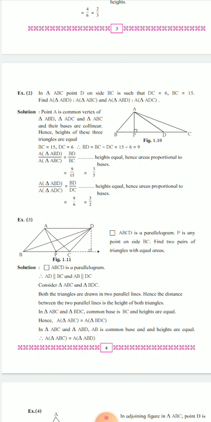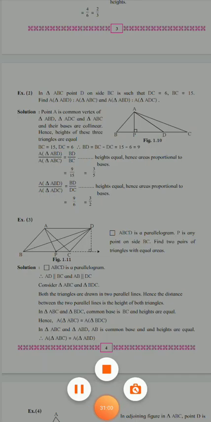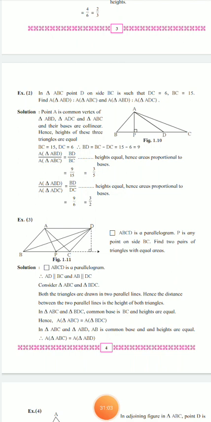Now we will consider the second pair, triangle ABC and triangle ABD. Here AB is the common base and the heights are also equal in triangle ABC and triangle ABD, because they are between two parallel lines.